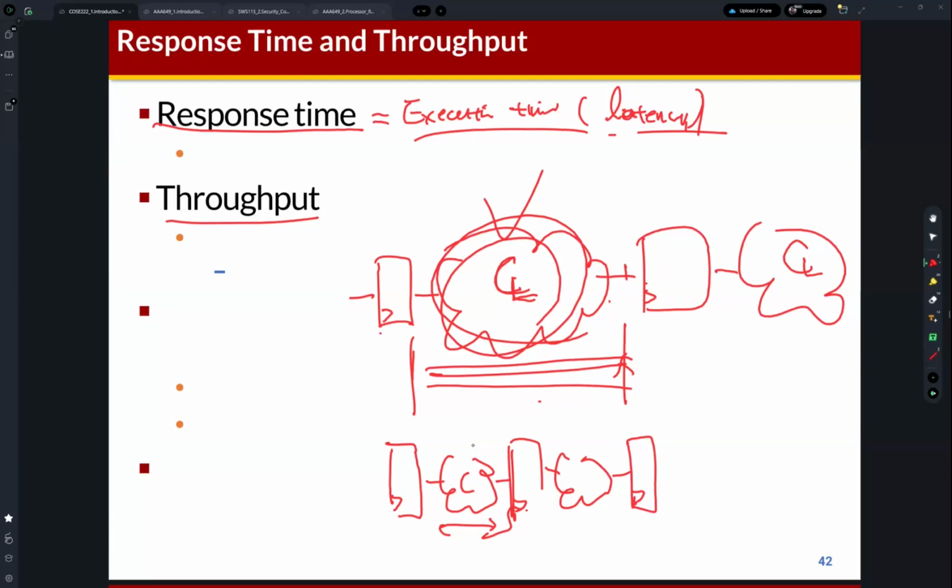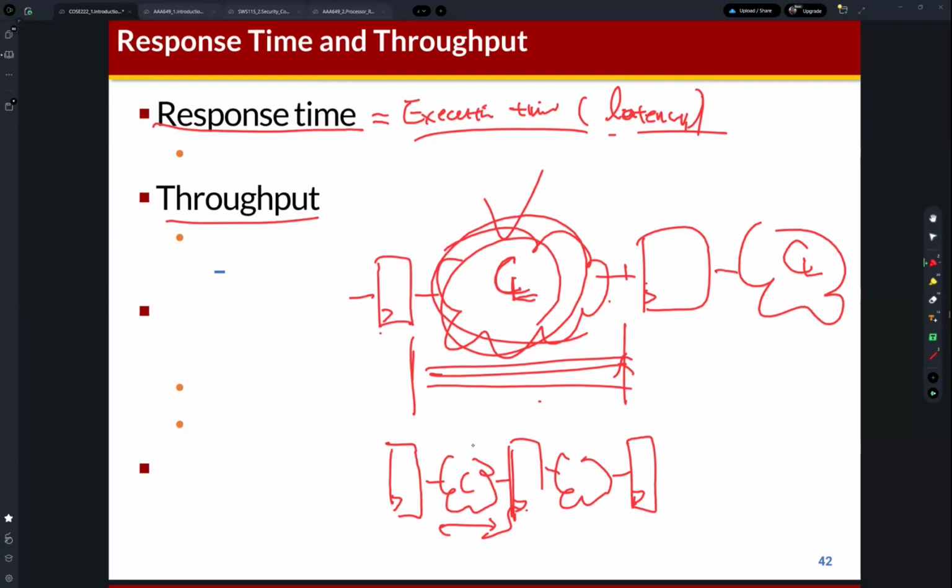We learned that there are two representative performance metrics for computer systems. The first one is response time, and the second one is throughput. You need to understand the meanings of these two metrics.